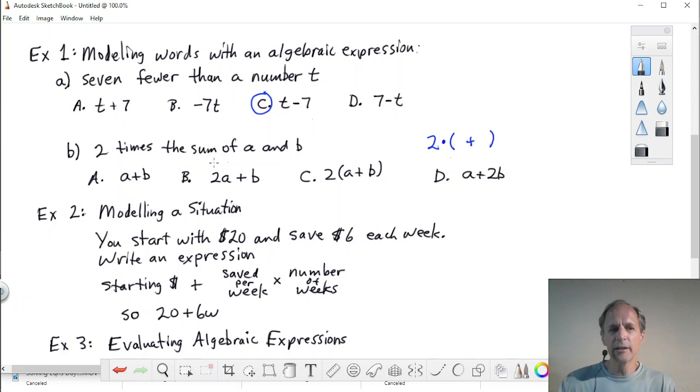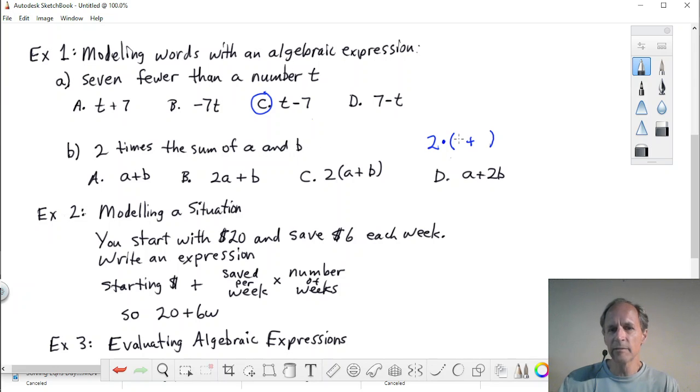So all we've done is read this left to right and filled in some symbols in the place they go. We're going to come back and fill in some symbols in here. But we read from left to right. 2 times the sum. Sum of what? Sum of a and b.